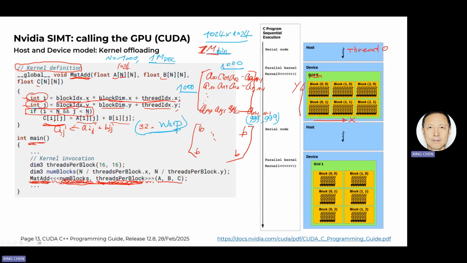But we are going to have a situation where the threads, finally, there is one thread working on the element 0, 0, then 1, 1, 1, 0, 0, 1.